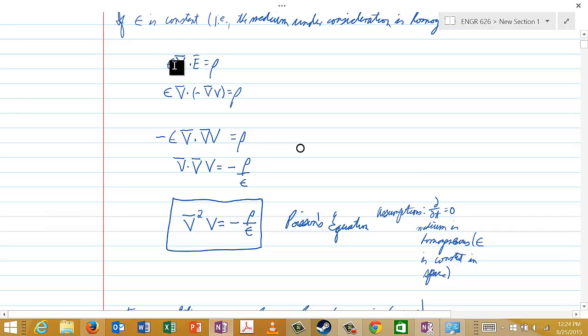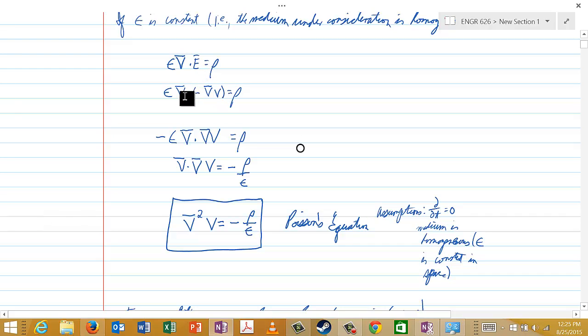Since epsilon is constant, it can come out of the divergence operator, as we've seen right here. And furthermore, since we're talking about the electrostatic case, we can substitute minus the gradient of V for E. And so that's what we've done here.